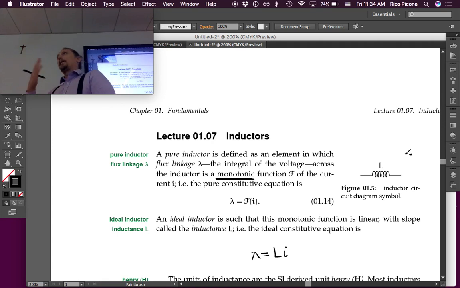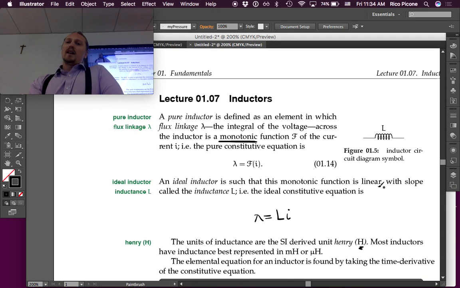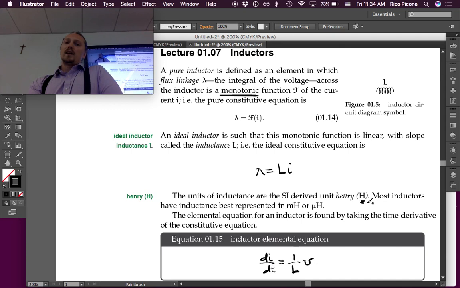So remember, a capacitor can act as an open circuit. Well, an inductor can act as a short in certain situations. If, for instance, there is no current change, the voltage across it is 0, right?